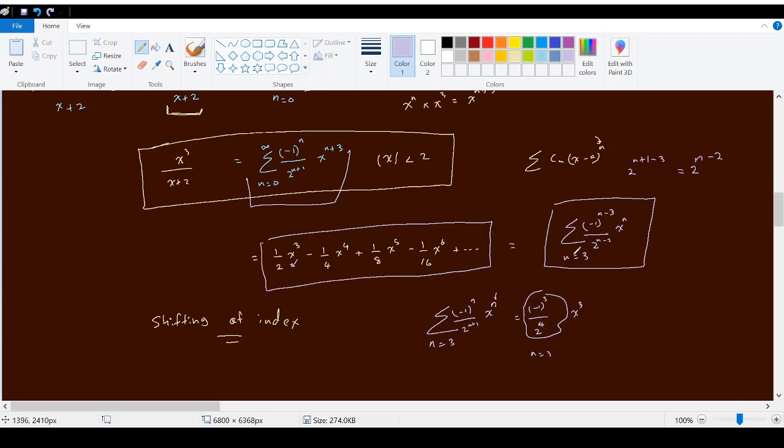So this is called shifting of the index. See, here we have reduced 3 units from the index of this general term, but to counterbalance it, the starting index was increased by 3. So if we are increasing this one by 3, we will have to reduce all the representations of n terms by the same quantity.